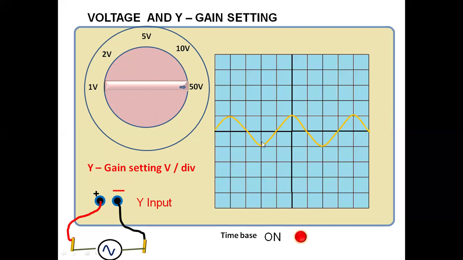So this is the waveform of the AC input. And what is the setting? 50 volt. It means 1 centimeter is representing 50 volt. So the voltage of this supply is 50 volt AC. And this is the height. The same will be there for the negative peak.